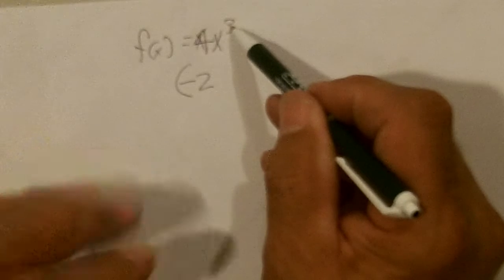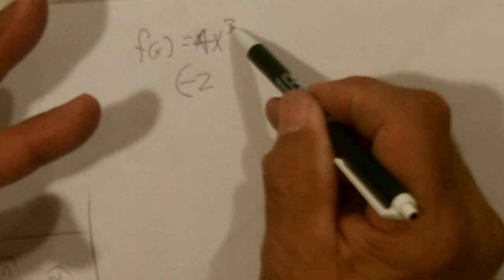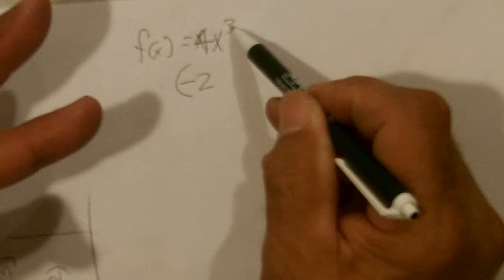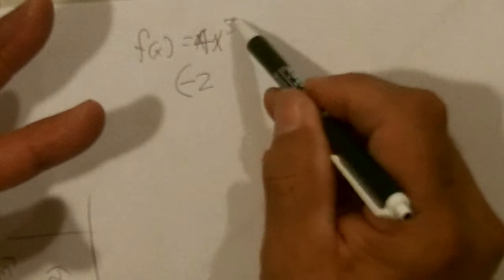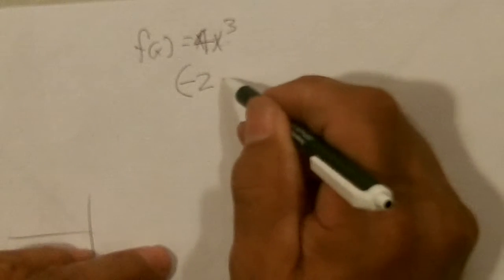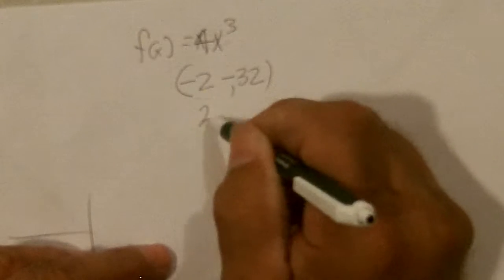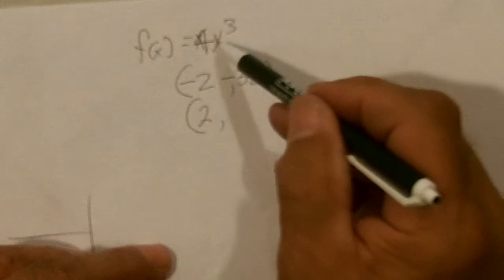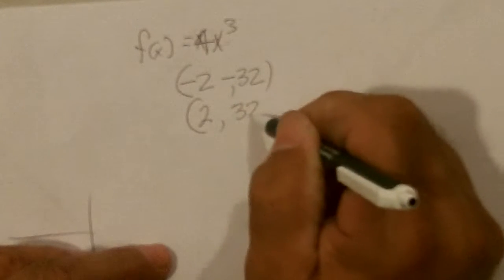-2 to the third is -2 times -2 times -2. A negative times a negative times a negative is a negative. 2 times 2 times 2 is 8, so negative 8 times 4 is negative 32. Now let's put in plus 2. 2 times 2 times 2 is 8, times 4 is 32.